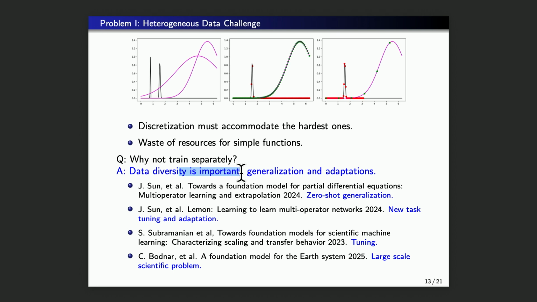Data diversity is essentially for generalization and adaptation. By generalization, I mean that, given a trained neural network, it can be generalized to predict some unseen sample which is different from the training data set. So it should have some extrapolability. And then, what is the adaptation?